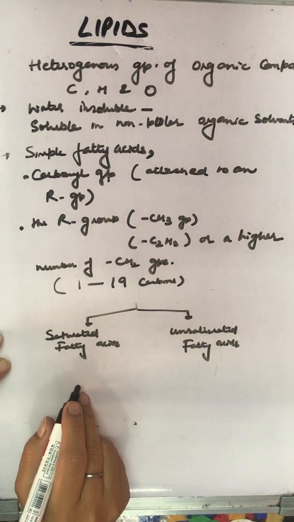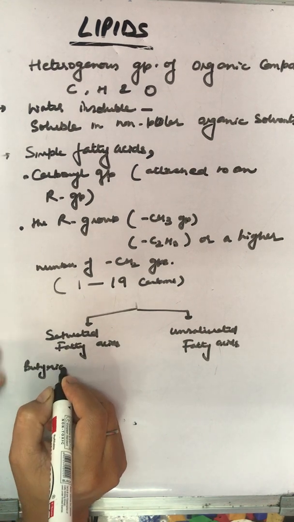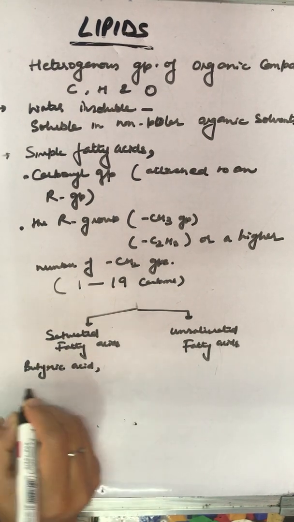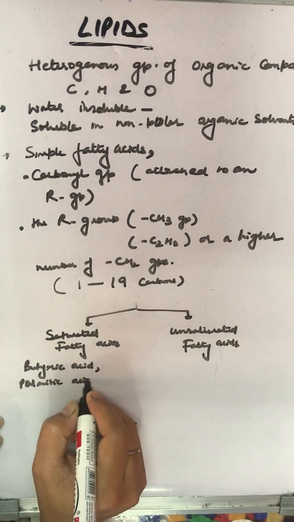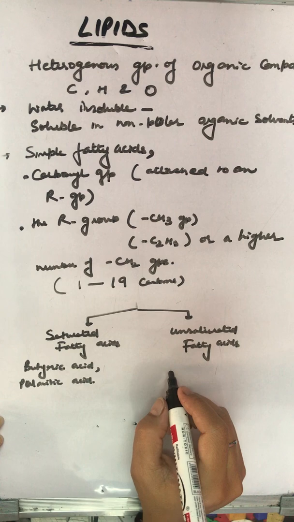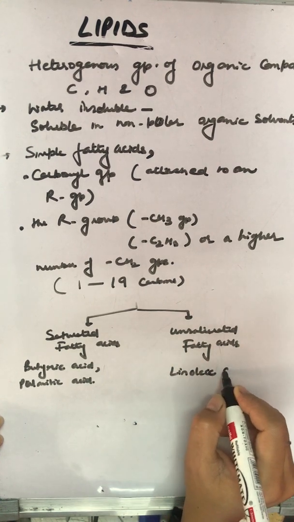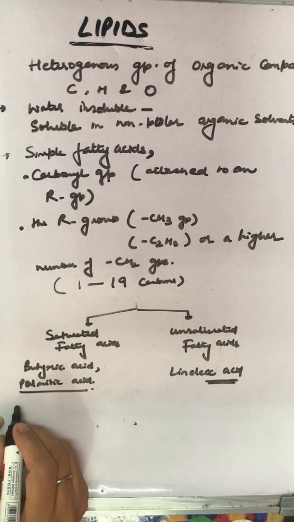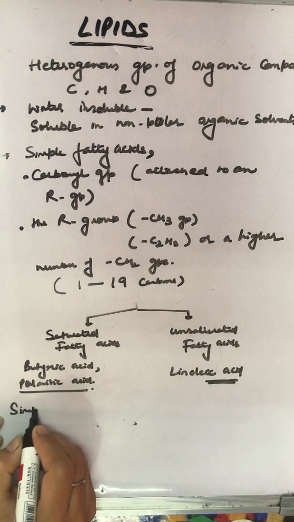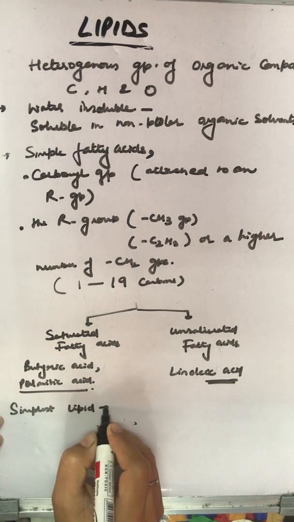In saturated we write butyric acid as an example, palmitic acid. In unsaturated ones we write linoleic acid, but the simplest lipid is glycerol.